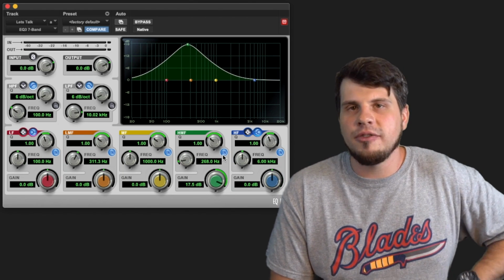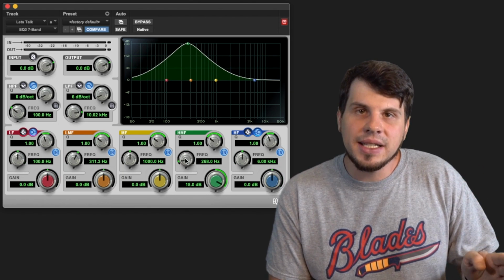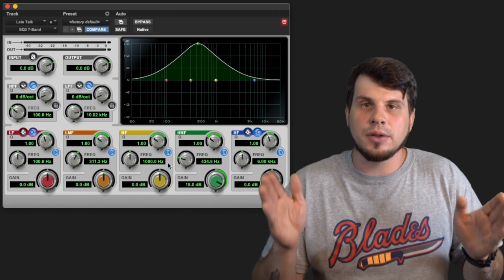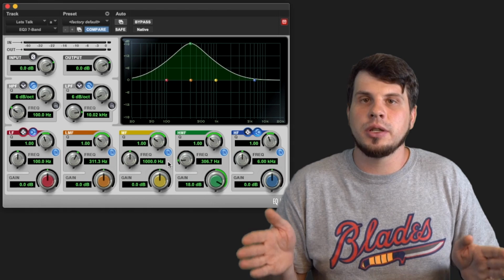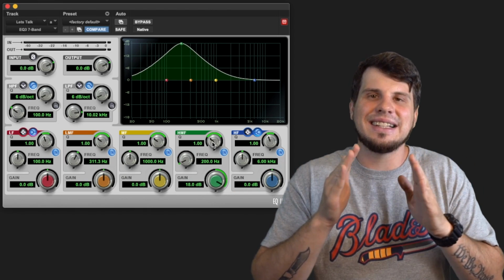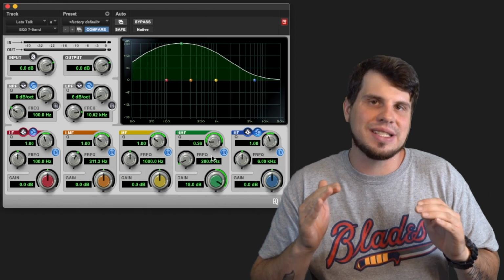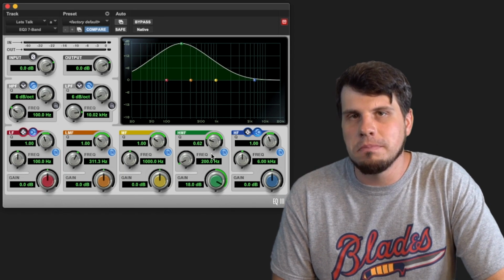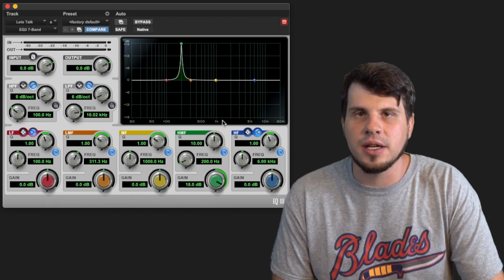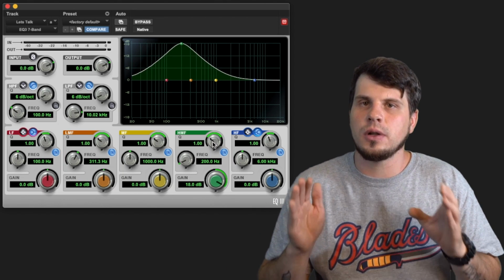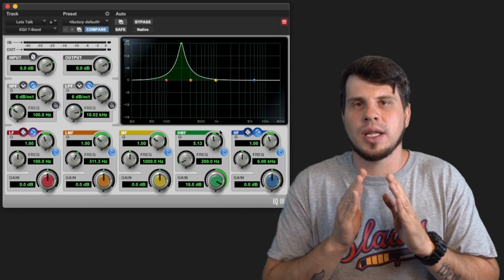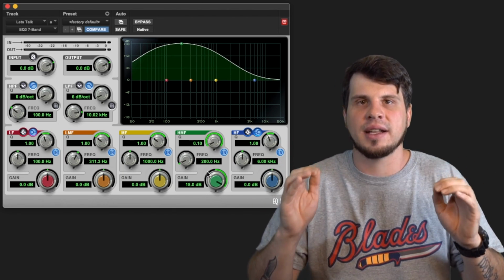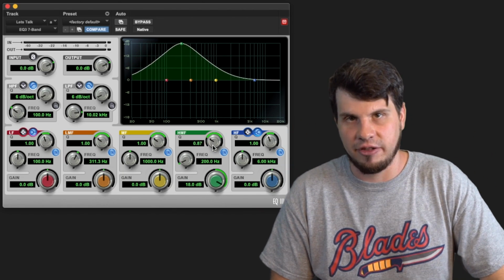Your last type of EQ curve is known as the peak dip, also known as the bell curve. This is going to allow us to increase or decrease the amplitude of a specific frequency and a limited number of frequencies around it. And this is where that Q control mostly comes into play, because the main job of the Q control, also known as the bandwidth, is to allow us to adjust the amount of frequencies being affected around the chosen frequency.